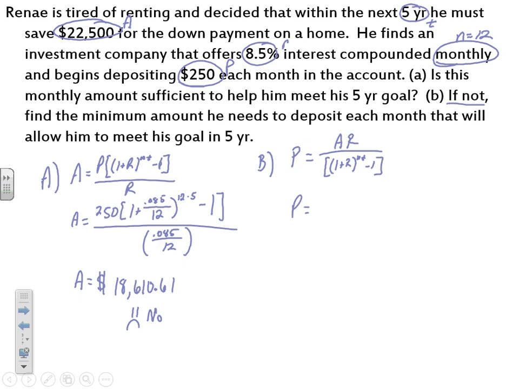So what he wants is $22,500 at an interest rate of 0.085, where he's paying 12 times a year into it. And so in the denominator here, we're going to get 1 plus 0.085 over 12, to the 12 times 5 power, minus 1. And again, we'll just plug those numbers into our calculator and practice making sure that we can get them.